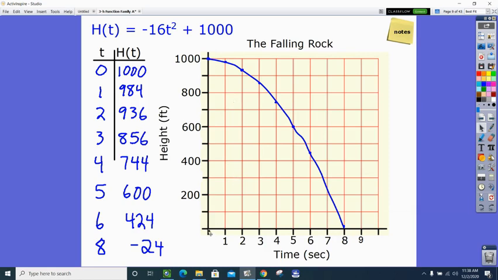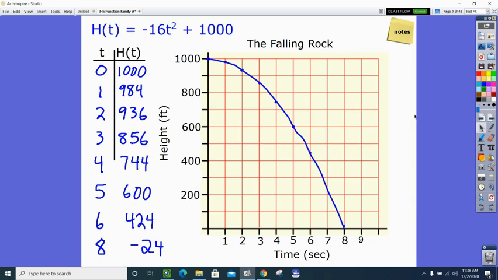Our domain for this problem is we are going to start at 0 time, and we're going to end just before that 8 seconds, right? And our range would be basically from 0 feet to the 1,000 feet that it started. X-intercept, just shy of 8 seconds, and our y-intercept is 1,000 feet.